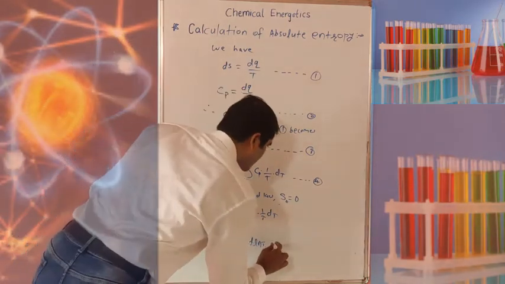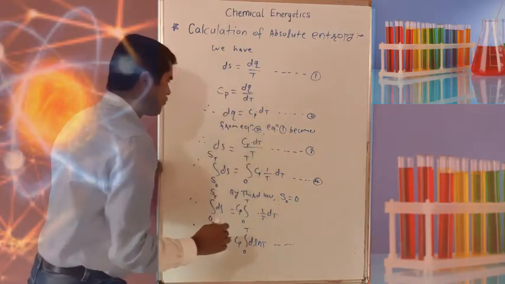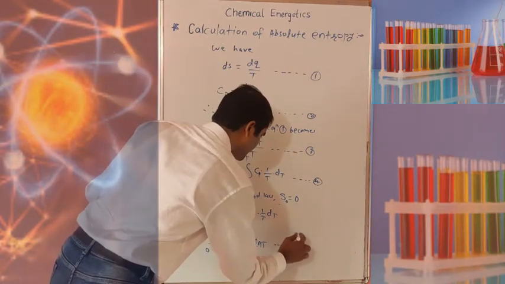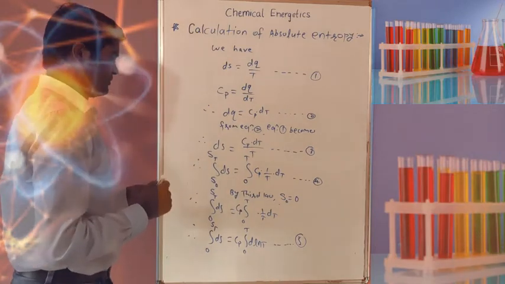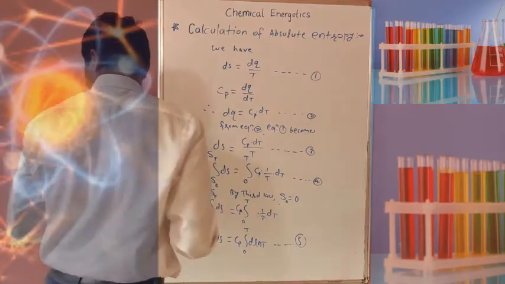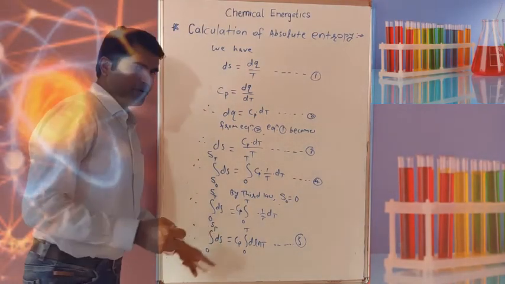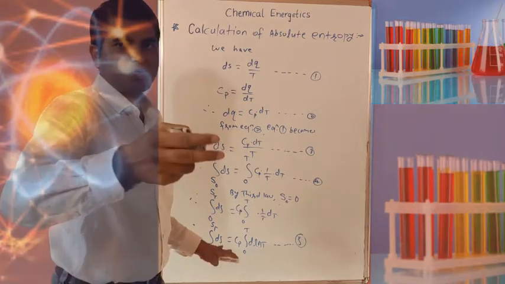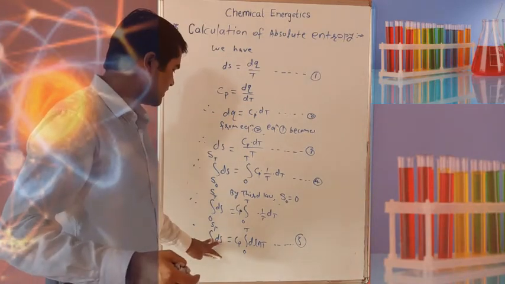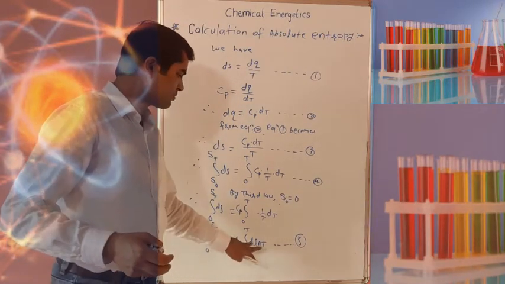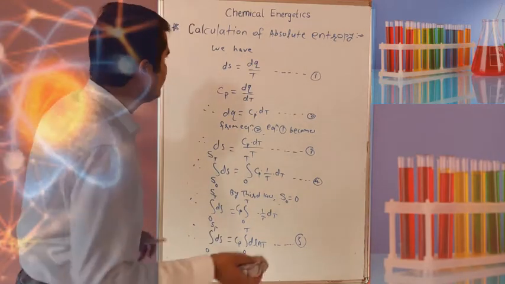So this is equation 5. Solving this, integration of a derivative cancels. Integration of dS is only S, and integration of d ln T is only ln T.